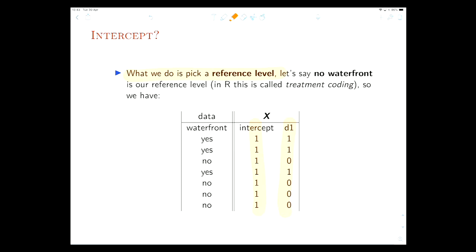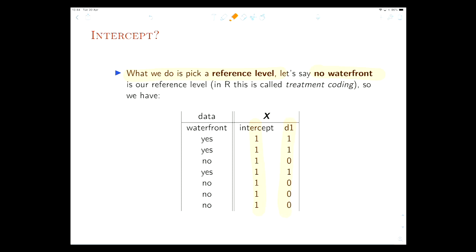Whenever you have a categorical variable, a variable with multiple categories, you choose one of its categories as your reference category, your reference level. Basically you're going to look at the model in reference to that particular level or category. In this case, we are saying that no waterfront is our reference level.